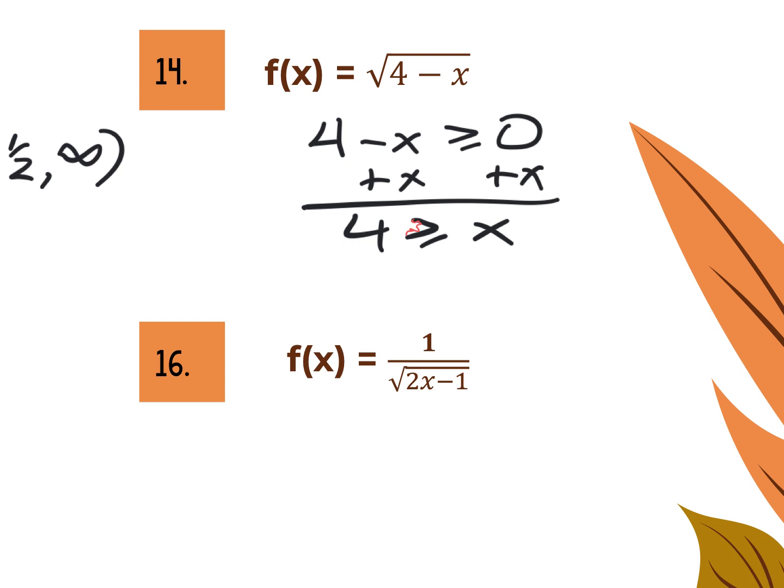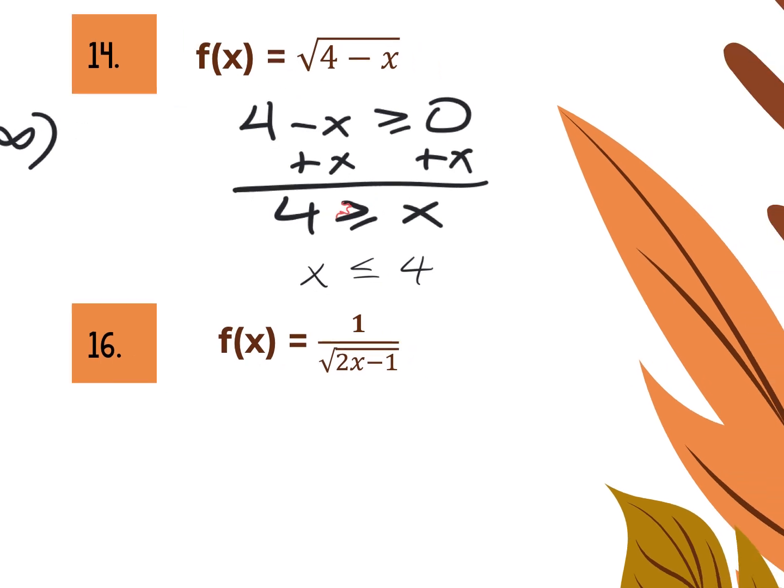So if you switch it around, you don't have to, just make sure that he's still chomping down on that 4. And then this is going to be negative infinity up to 4 with a bracket. So again, on the number line, the 4, negative infinity, positive infinity, and it would be a bracket going that way.